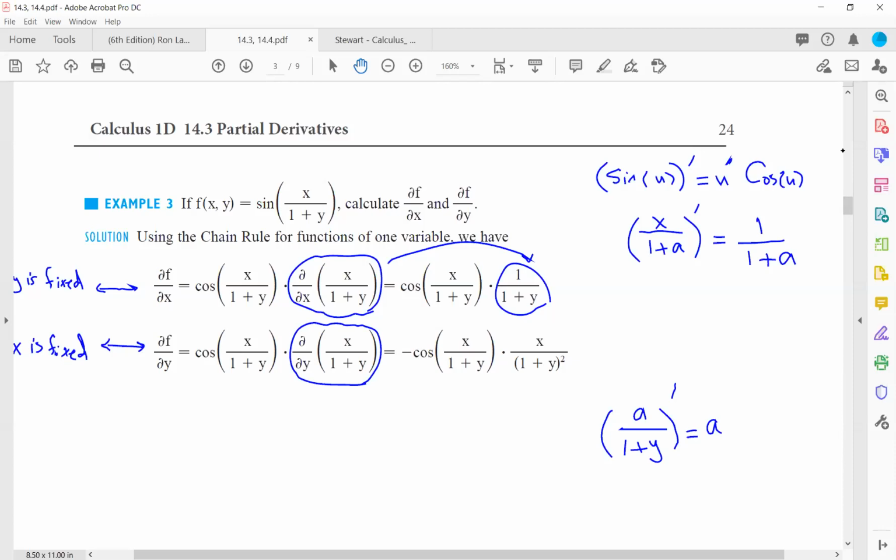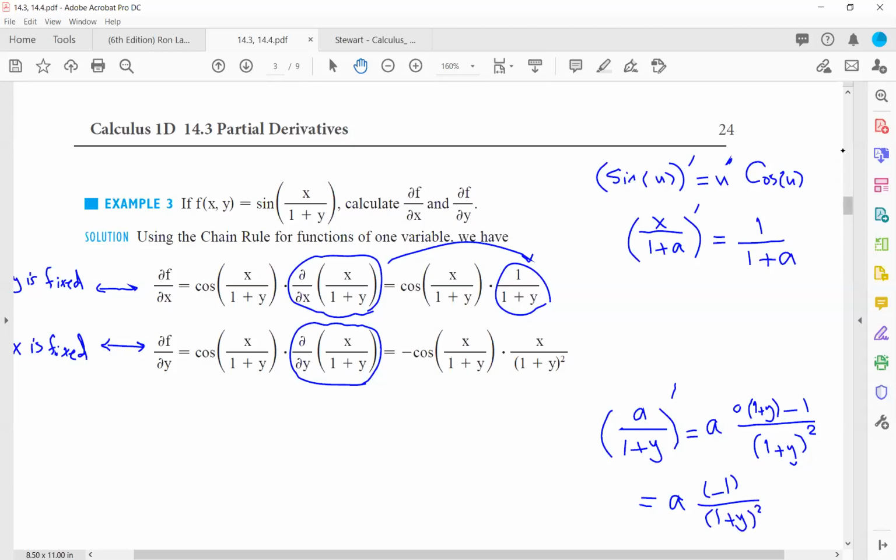So a times the derivative of the numerator, which is 0, times 1 plus y, minus the derivative of 1 plus y, which is 1, times a, divided by 1 plus y squared. So this derivative is negative 1 divided by 1 plus y squared.